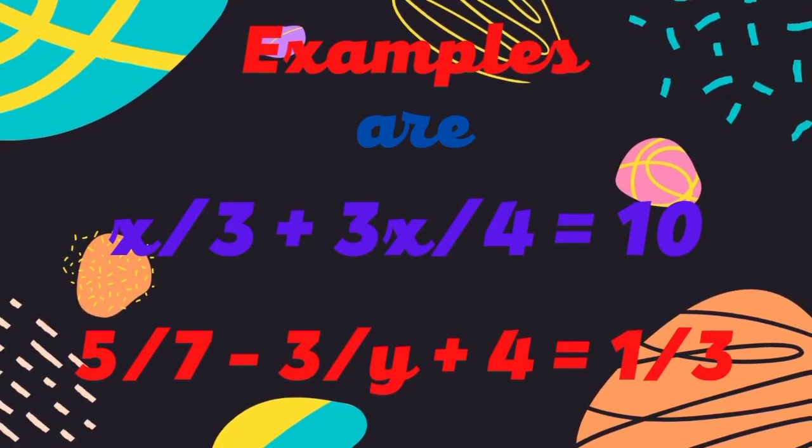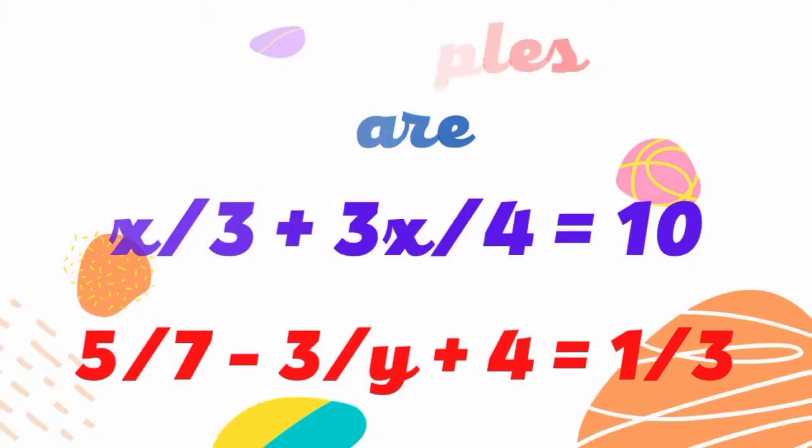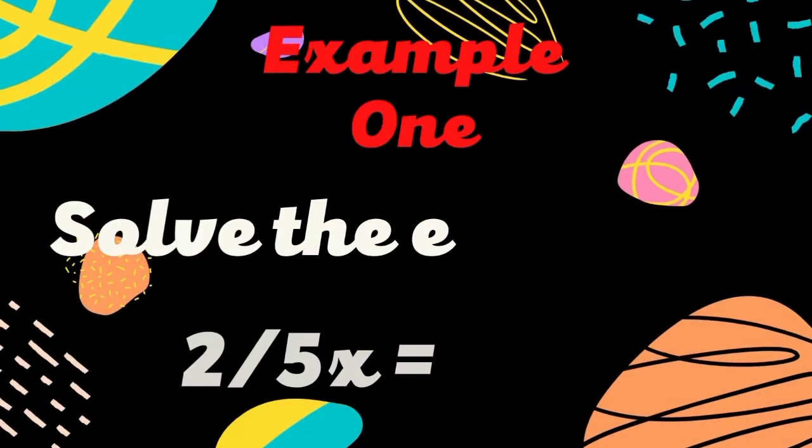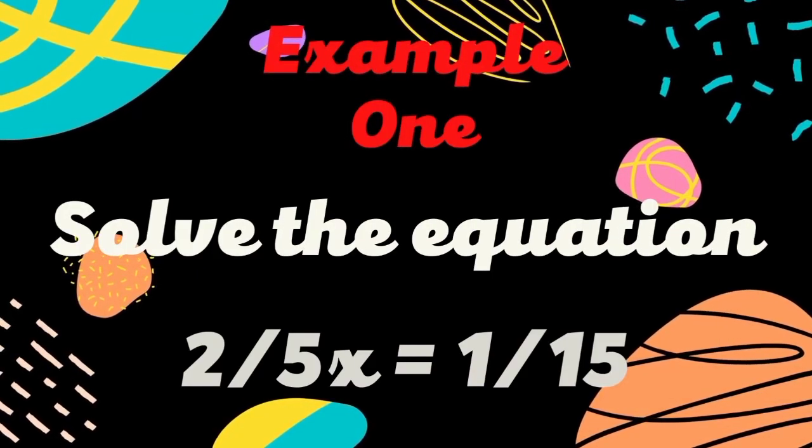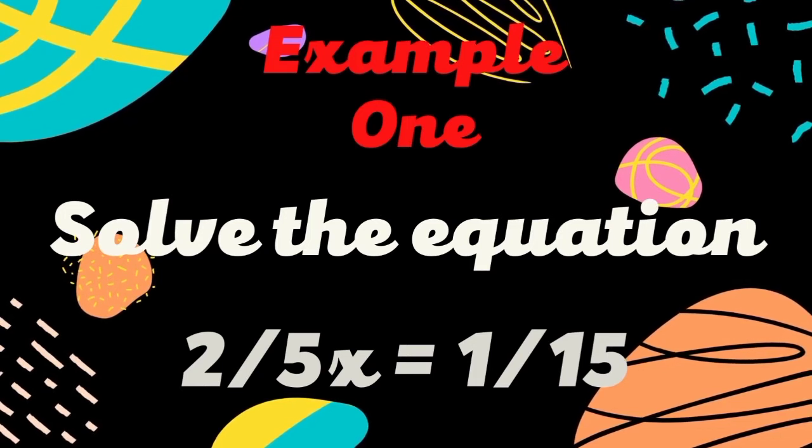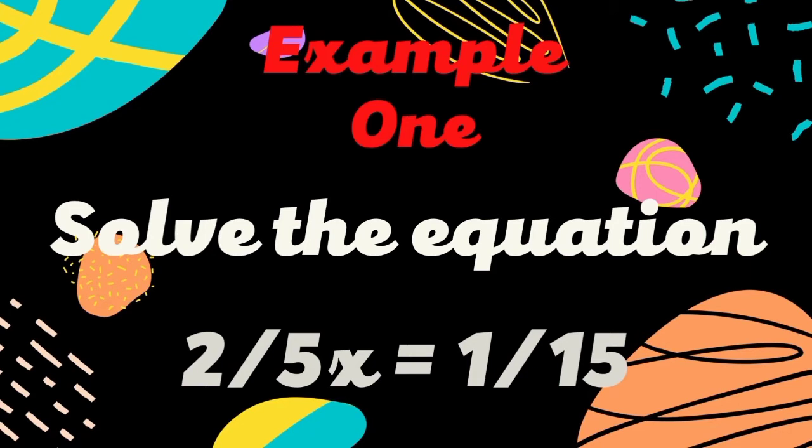It says, solve the equation 2 over 5x is equal to 1 over 15. In solving this particular equation, all you need to do is to cross multiply.